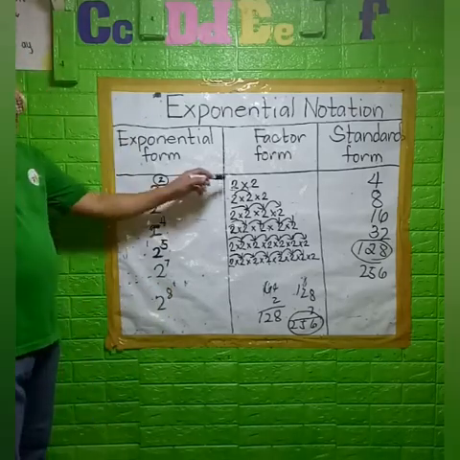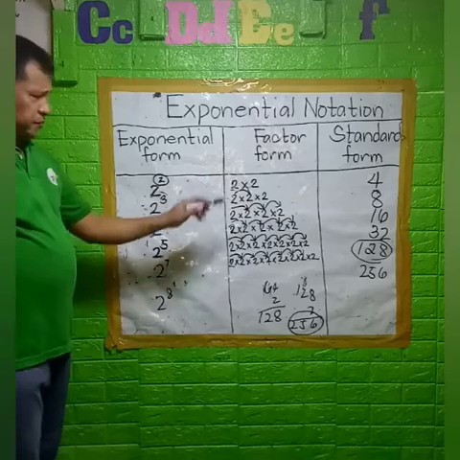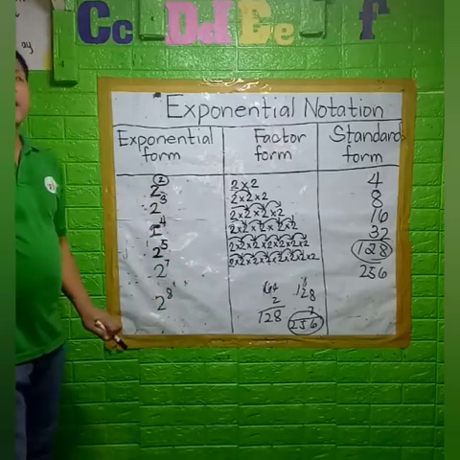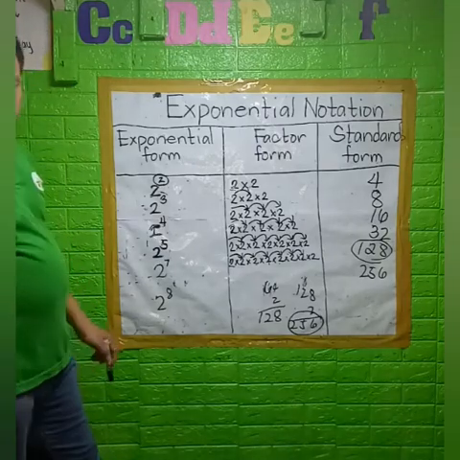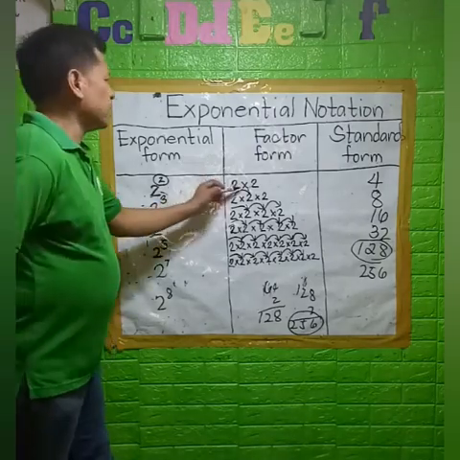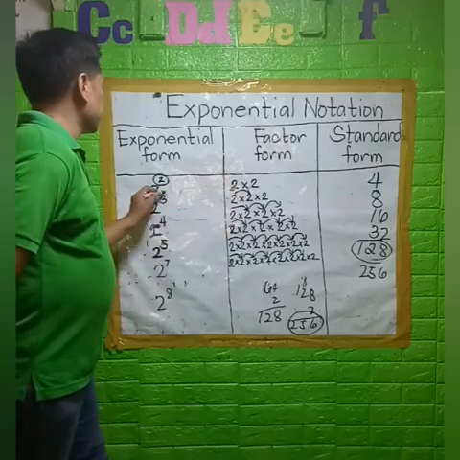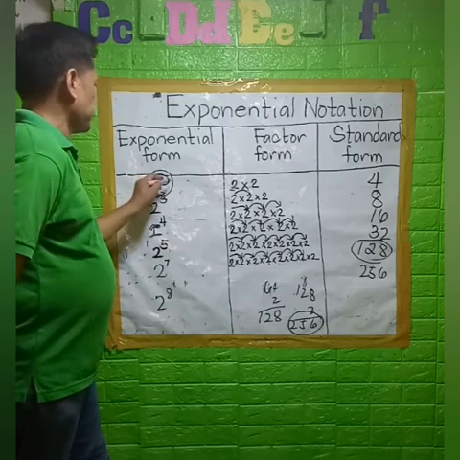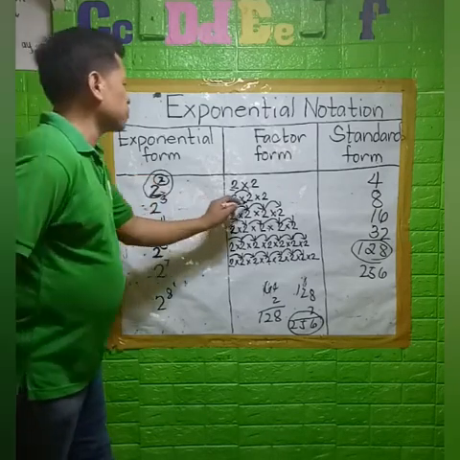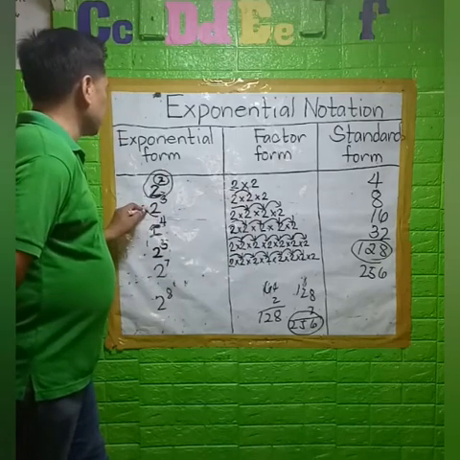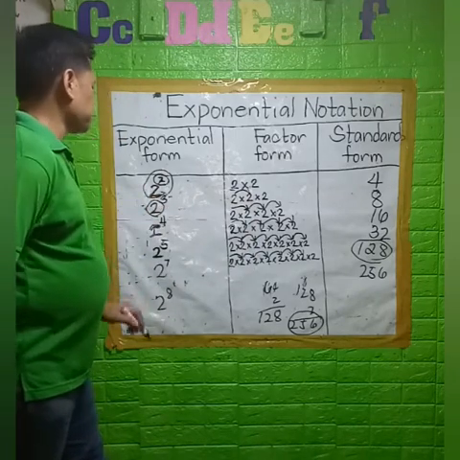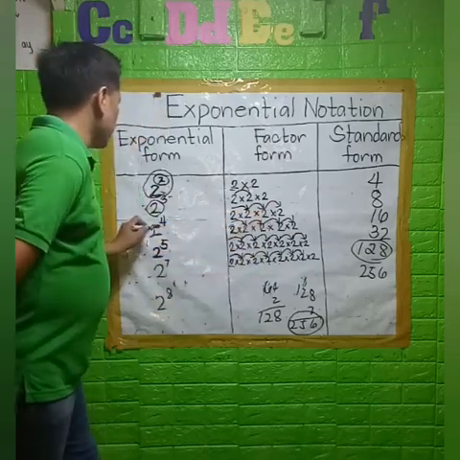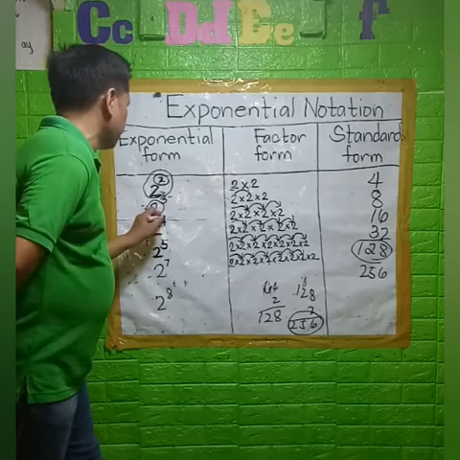So, using this expanded form, we were able to form the exponential form of an equation. For the example 2 times 2, the exponential notation is 2 to the power of 2. For 2 times 2 times 2, we have 2 to the power of 3. For 2 times 2 times 2 times 2, we have 2 to the power of 4.